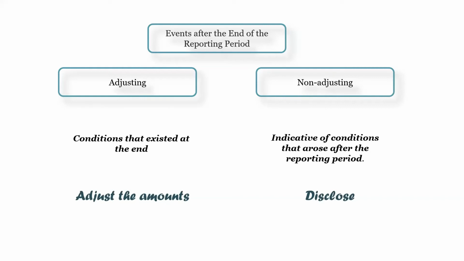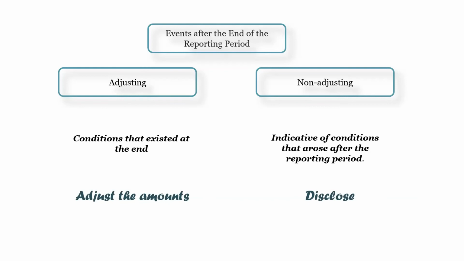Discovery of errors or fraud showing that the financial statements are incorrect. These are adjusting events. So, yung profit sharing or bonus payments then that are determined after the end of the reporting period also suggest that there was a present obligation at year end. So, it's also an adjusting event.